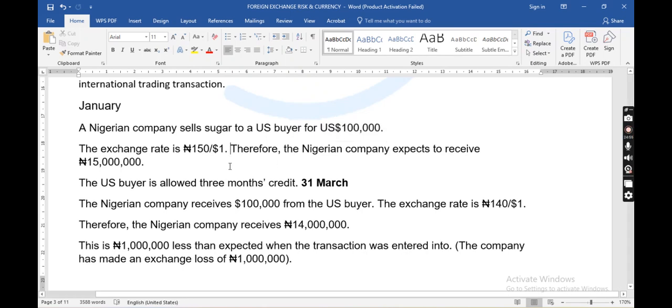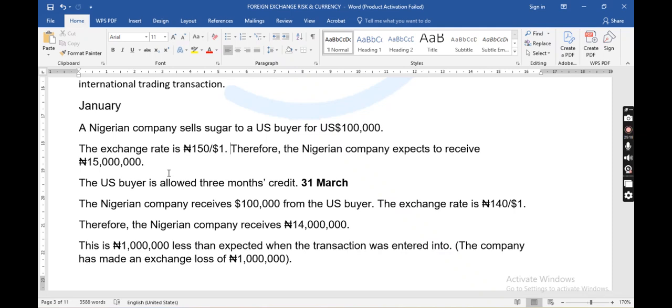Therefore, the Nigerian company expects to receive, it could be on credit, we are expecting that this person will pay us 15 million. Yes, we are expecting it, right?